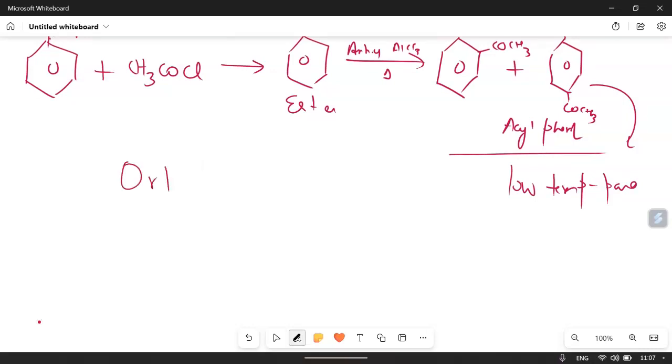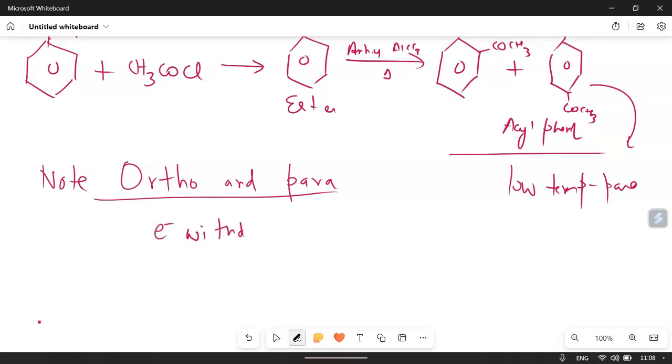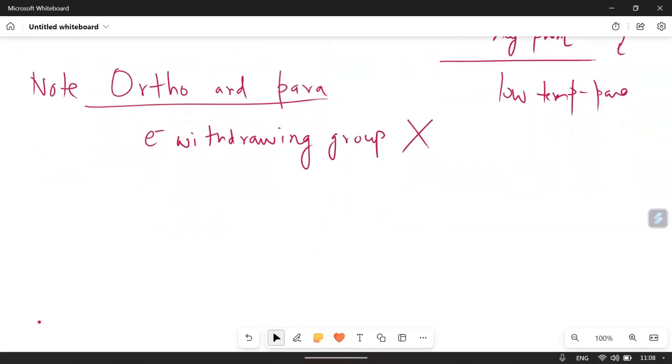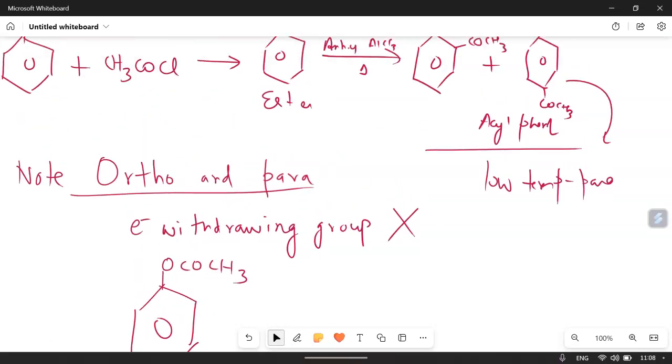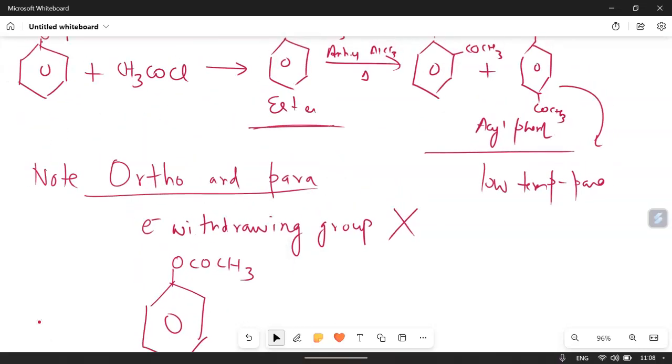Remember also, if at ortho and para positions there is the presence of an electron withdrawing group, then the reaction will not proceed. For example, if we say that the ester is formed, suppose OCOCH3, this is your ester formed.